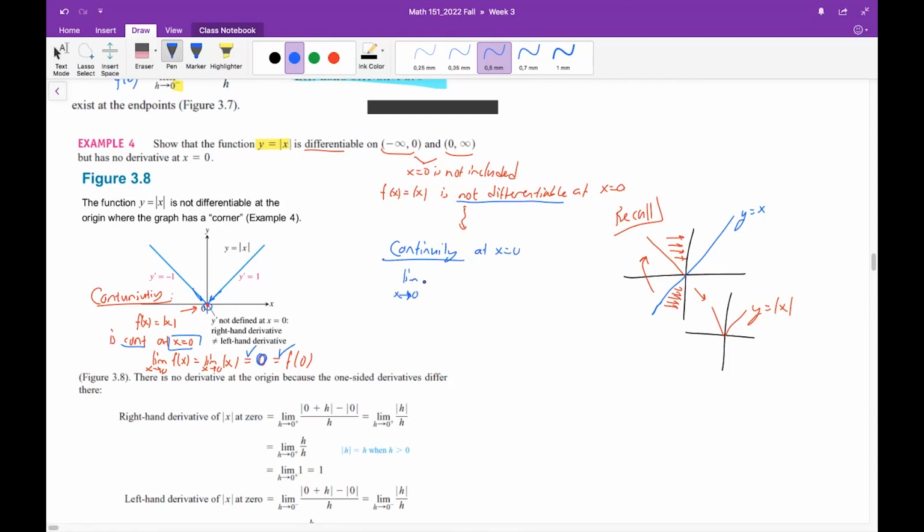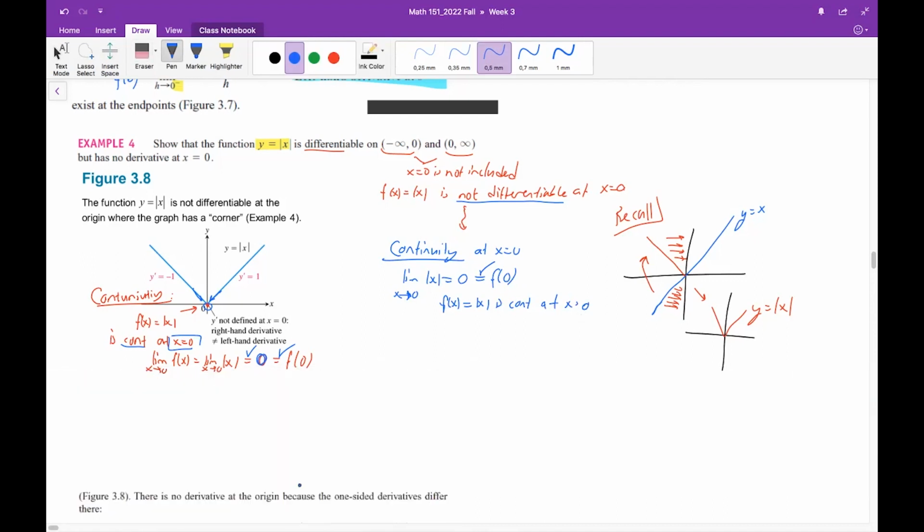You just send x to 0 and find the limit of this function at the point 0, and the defined value is the same. That's why it's continuous. f of x is continuous at x equals 0. What about differentiability? Differentiability, let's check. Differentiability at x equals 0.